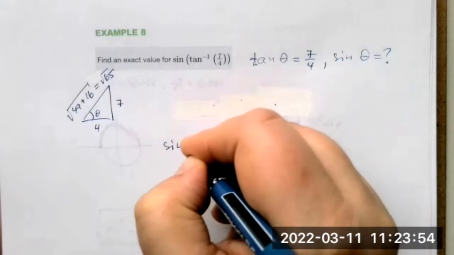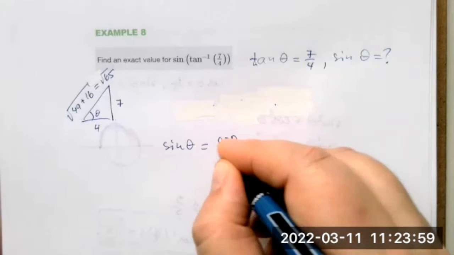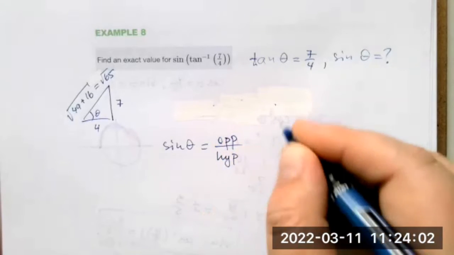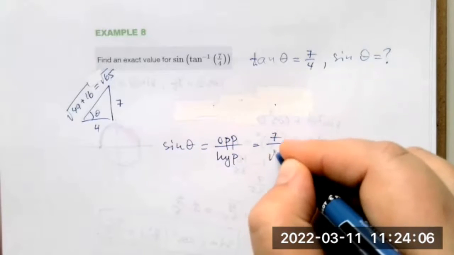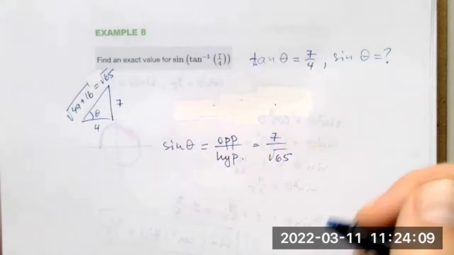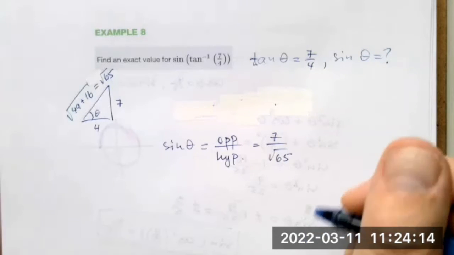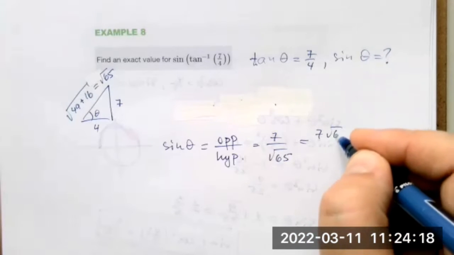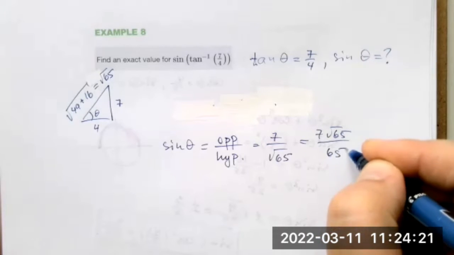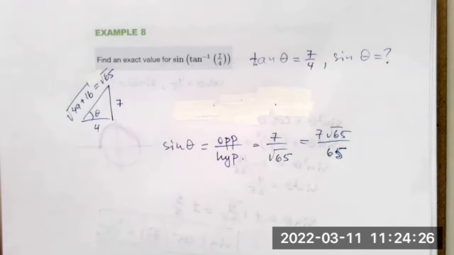The sine of theta, by definition, is opposite over hypotenuse. So what we have is 7 divided by the square root of 65. But if we want to rationalize the denominator, then we're going to have 7 root 65 over 65, and that's the final answer. We could find the decimal approximation of that value as well.